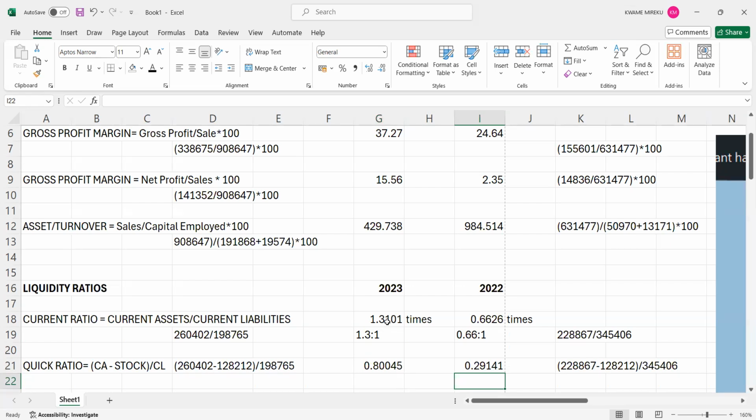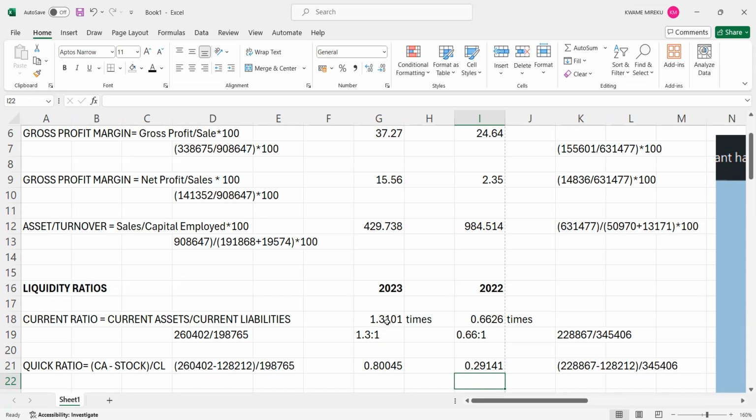Whilst in 2022, without the stock, we could only pay for our current liabilities 0.29 times. That would be around 29%. That means that if you take away stock, you don't have even the resources to meet your short-term obligation. But if you are using 2022 as a benchmark, there is an improvement, covering your short-term debts around 29%, increasing to 80%.